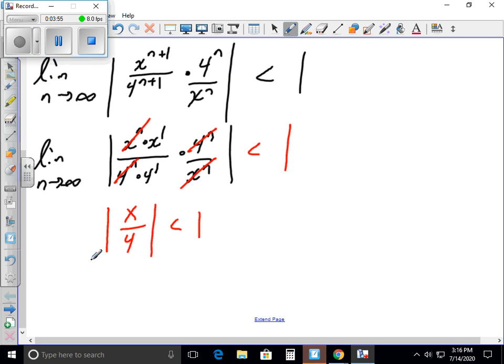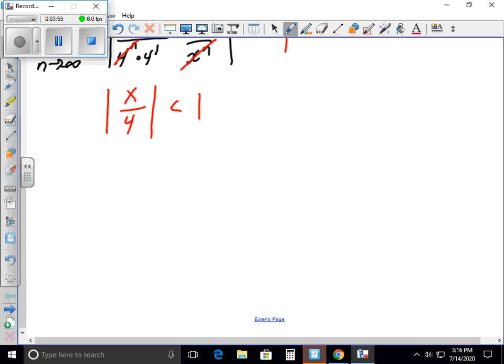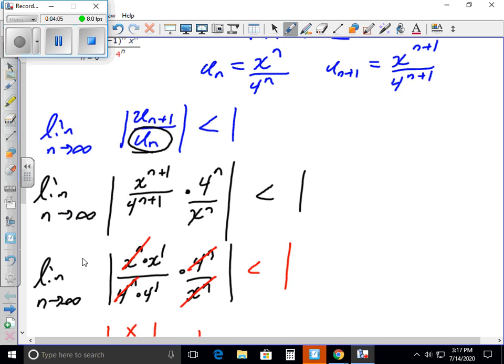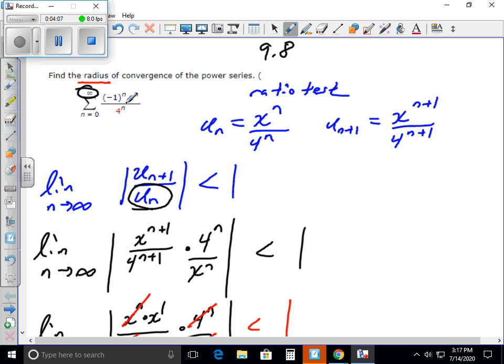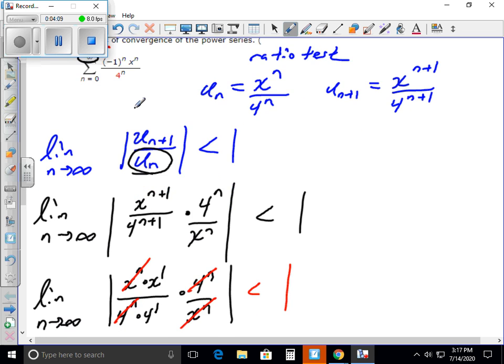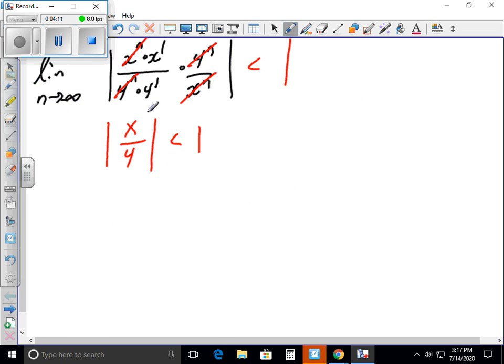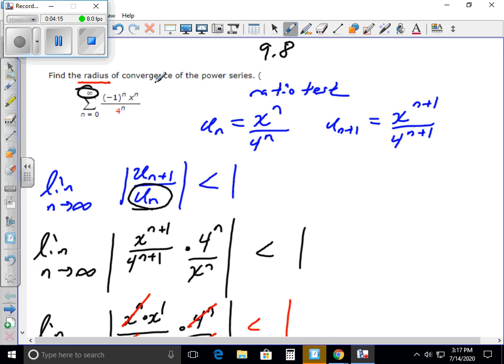So this will be when our series converges. For every x value that's described here, this series will be convergent. On the other hand, for every x that's not in this description, if we replace x with those numbers, then this series will be divergent.